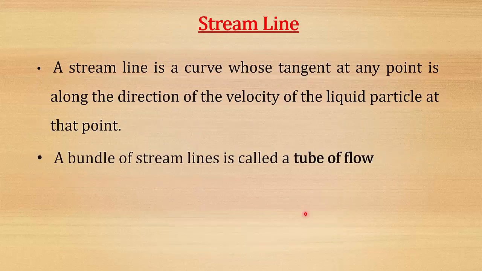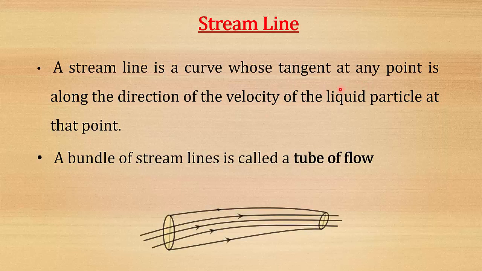A streamline is a curve whose tangent at any point is along the direction of velocity of the liquid particle at that point. So this streamline is a curve, and the tangential line at any point is always along the direction of velocity.